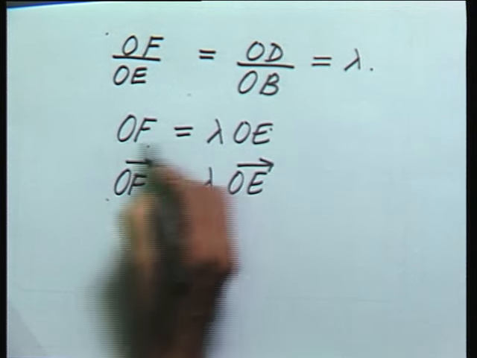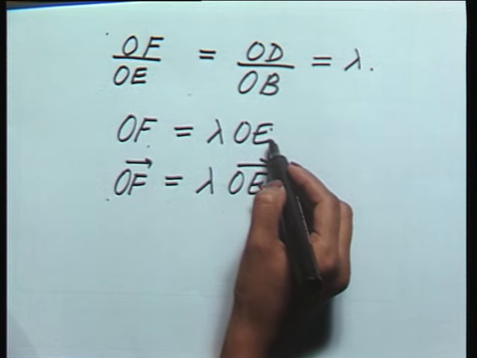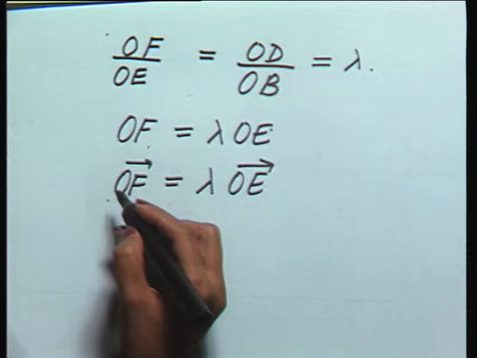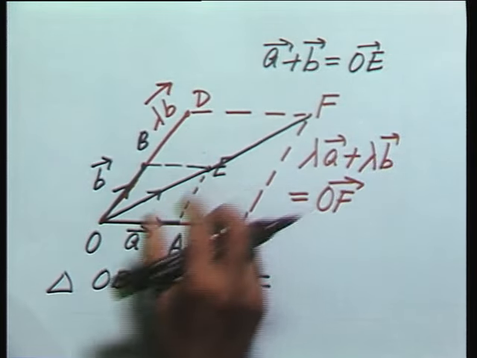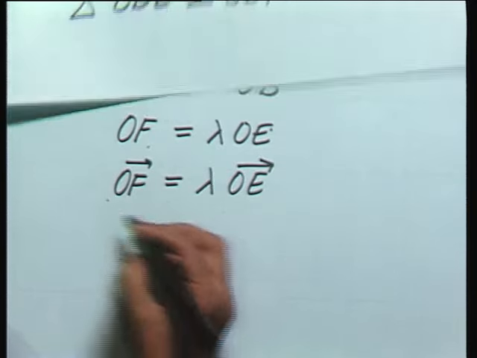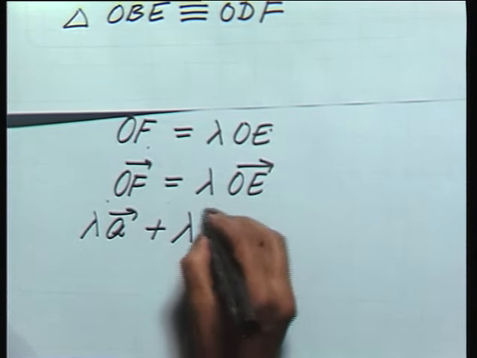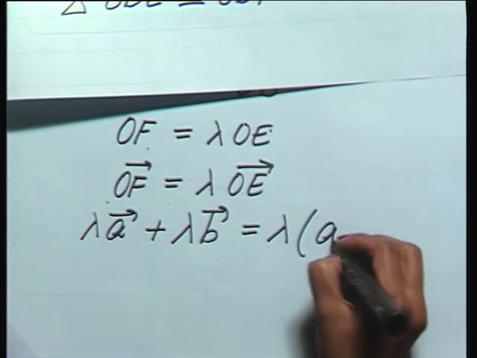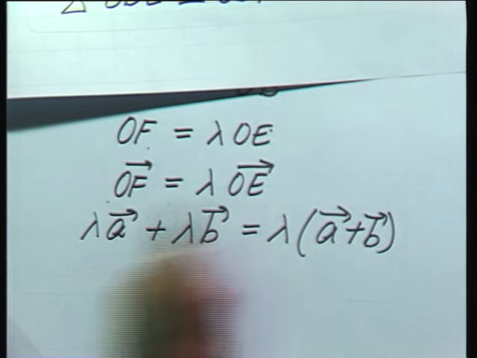Since the two vectors are clearly seen to be parallel and they have the same magnitude, therefore, the two vectors must be equal. And we have therefore proved, let us go back to what was OF, we have proved that OF is lambda times OE. In other words, lambda A plus lambda B, that was OF, is equal to lambda times (A plus B), A plus B being the vector OE.